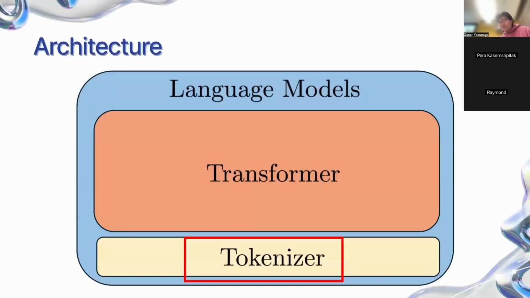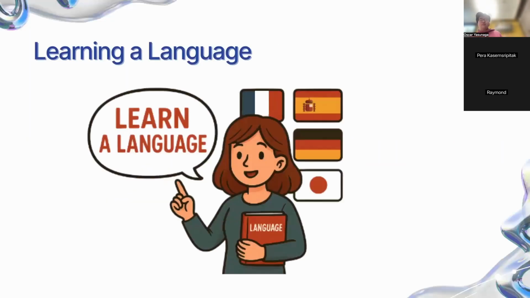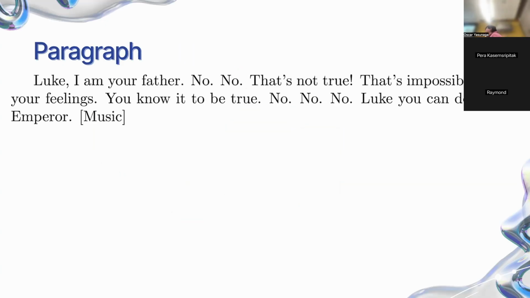Okay. But yeah, we can first look at the tokenizer. As a general analogy, the tokenizer is like learning a language. When you first learn a language, you're not going to learn an entire paragraph, right? That's impossible. When you're first learning English or Spanish or whatever, you're not going to learn the entire book.